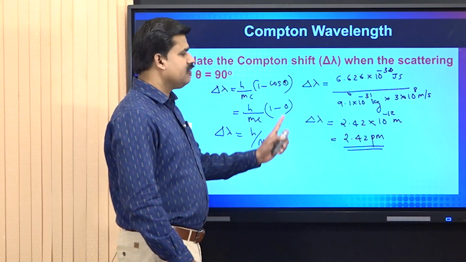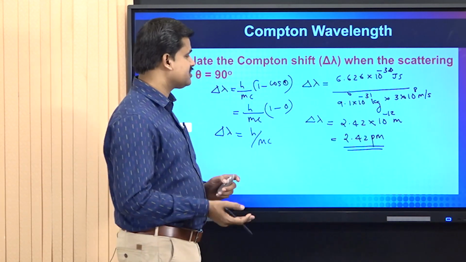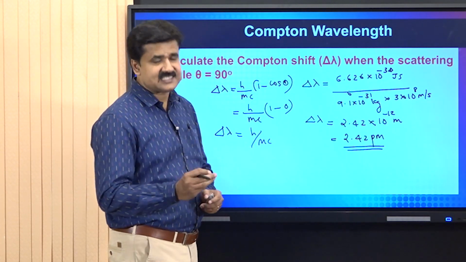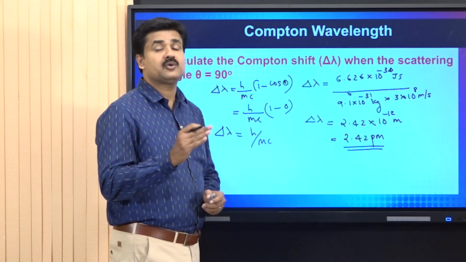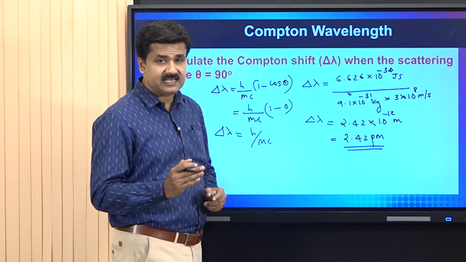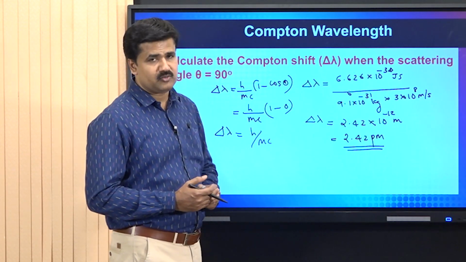Thus, we will get the final value of delta lambda or Compton shift as 2.42 picometer. This implies that when scattered X-rays are perpendicular to incident X-ray, that is at a scattering angle theta equal to 90 degree, the wavelength shift is 2.42 picometer.